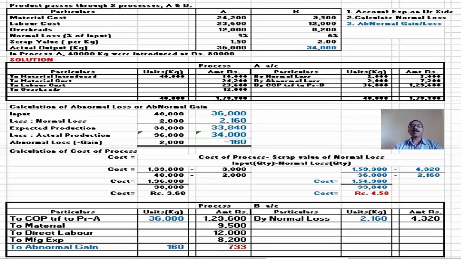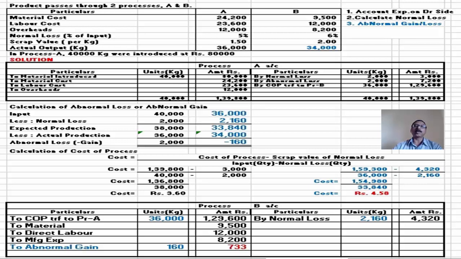1,59,300 is the total of expenses. So if you look at the process account, you will see 1,29,600 plus 9,500 plus 12,000 plus 8,200. These are the total expenses, and the total of this is 1,59,300. Then the scrap value of normal loss is 4,320, which we can see in the process account on the credit side. Whole divided by what was the input quantity? 36,000.